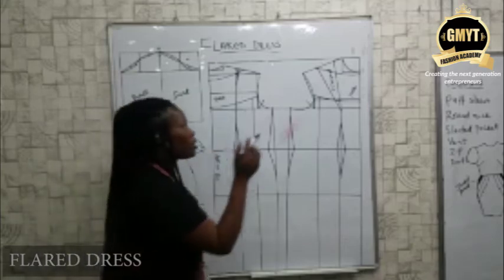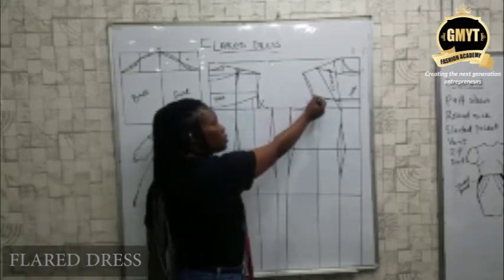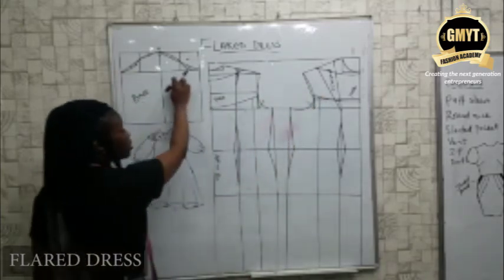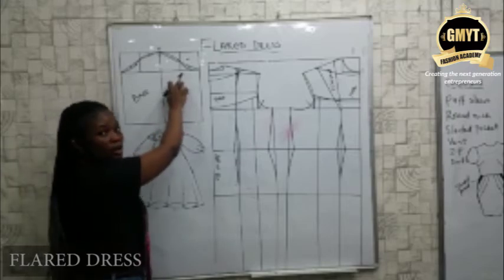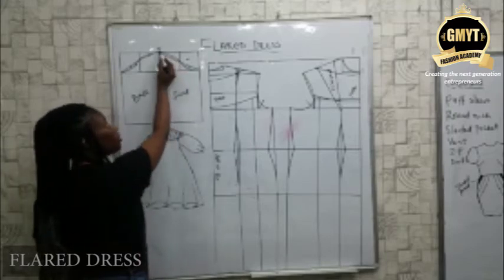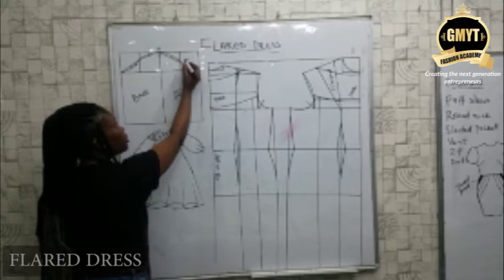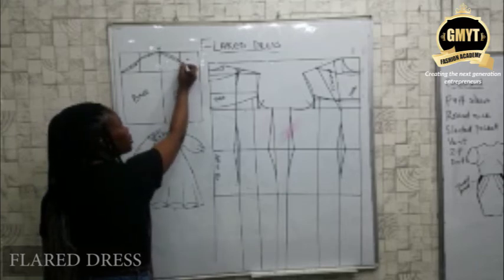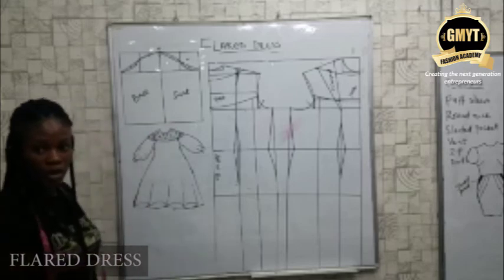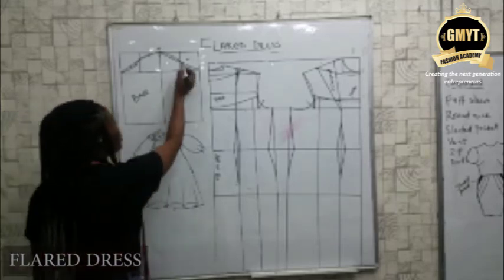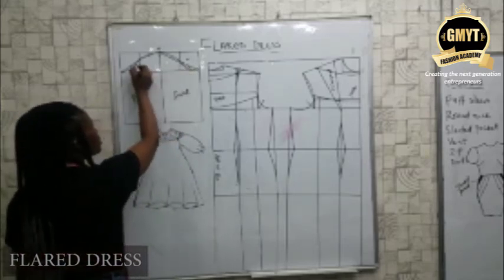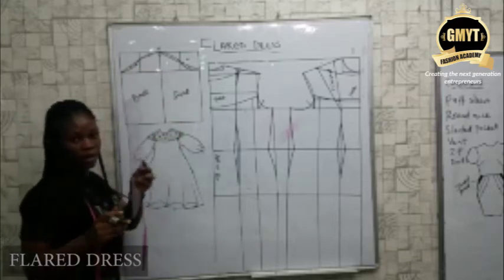So for the front, I'm going to measure from SP to that yoke point. So I come to the front part. Here, I measure from 0 all to that mark. That's to the point. So now I'm connecting this to this with my curve rule.